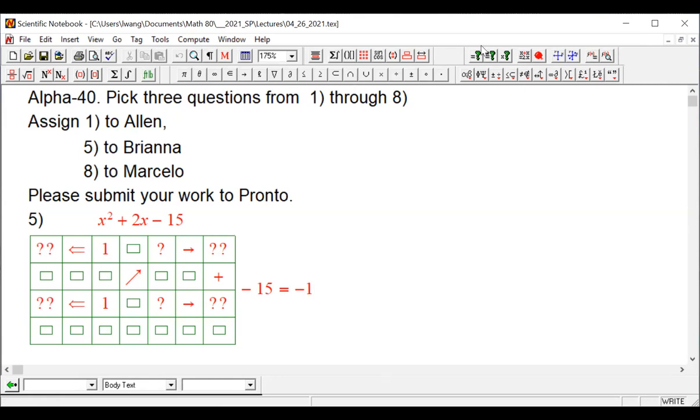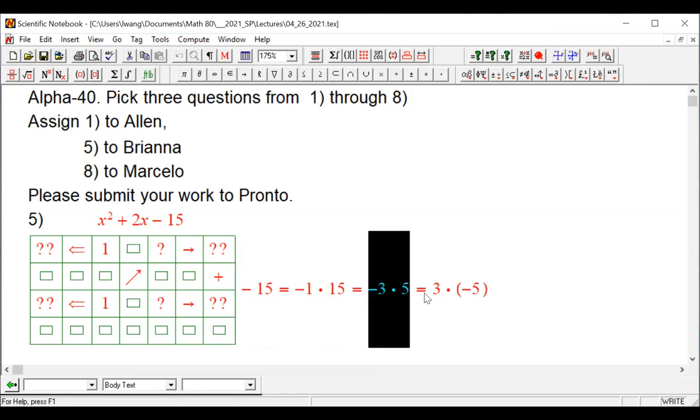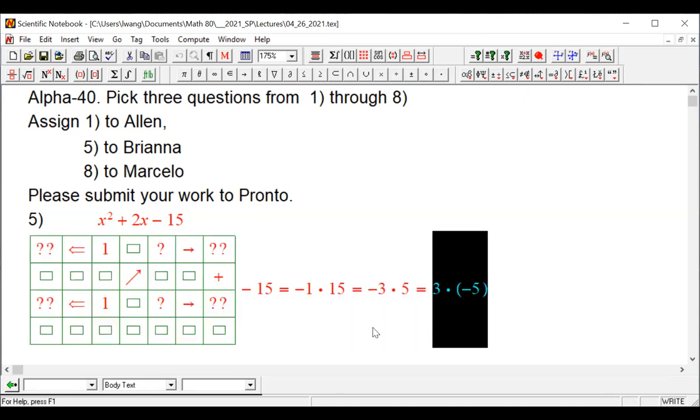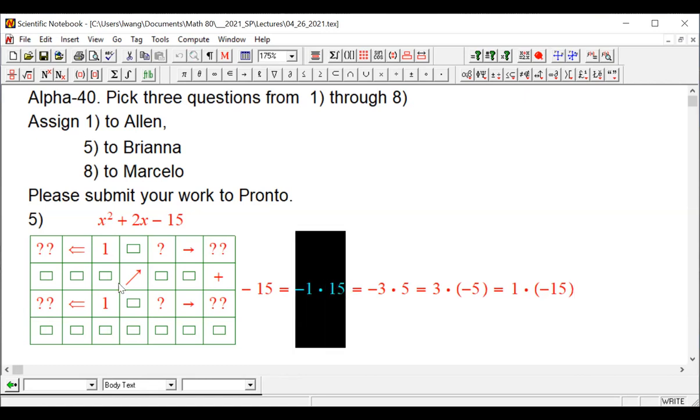It can be written as negative 1 times 15, negative 3 times 5, 3 times negative 5, or 1 times negative 15. You see, there are all these different factors we can try. For example, let's try negative 1 with 15.